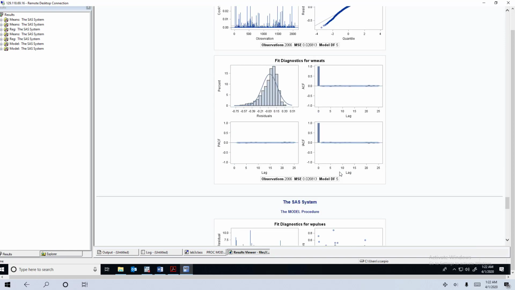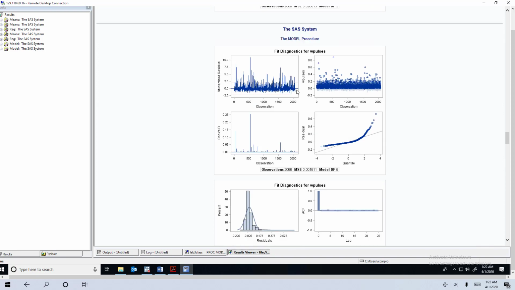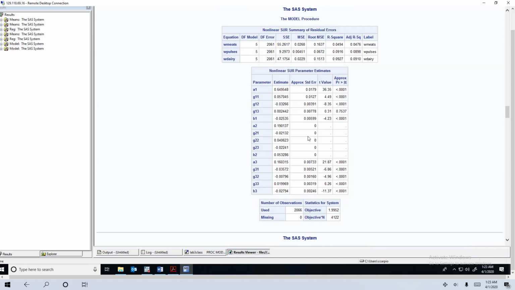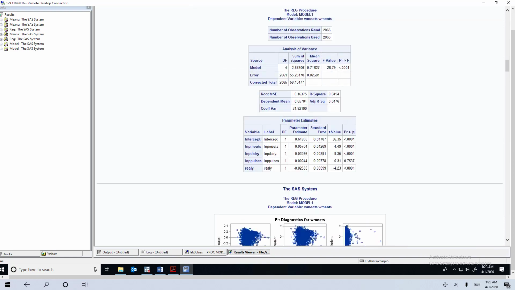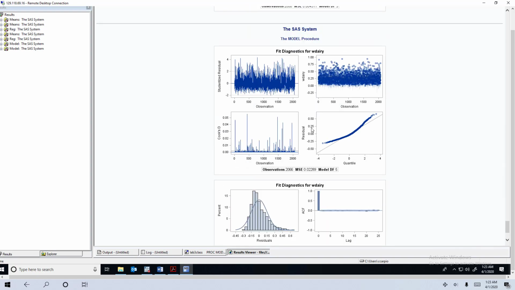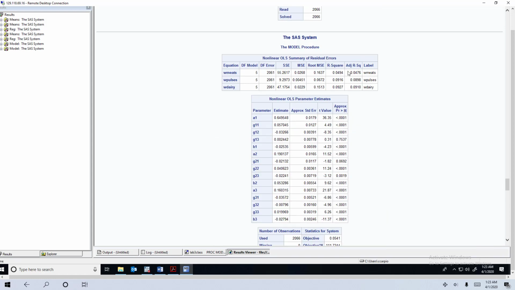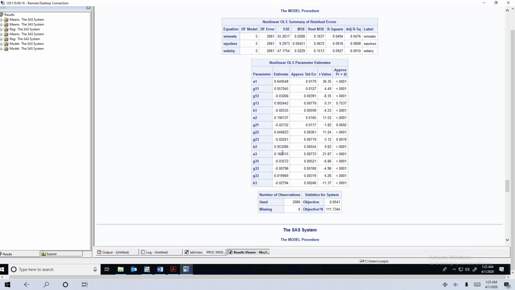And yes, I have the same coefficients for the first equation: 0.64, 0.57, minus 0.32. So it's the same thing. We have the same results, and here you can see that we get an R square for each of the equations separately, but when it gives us the coefficients, it gives us all of the coefficients at the same time.